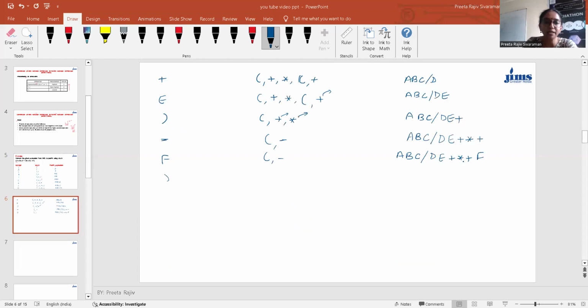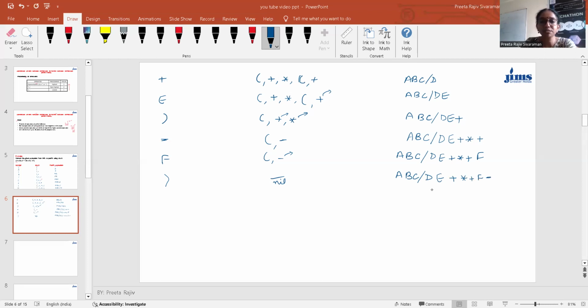Since the element is a closing one, the minus operator will be popped out, and the stack contents become nil, or we say it is empty. And finally, we have ABC slash DE plus multiply plus F and minus.